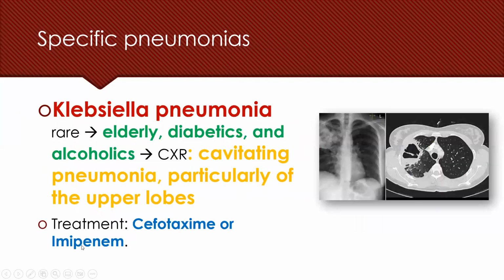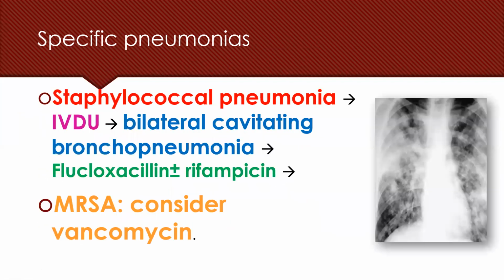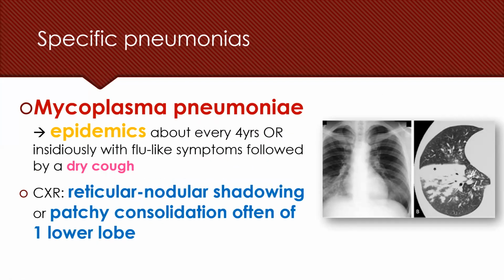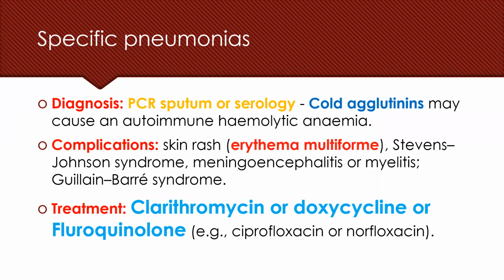I have to remind you here that Klebsiella affects the upper lobe, and usually the lesion in Klebsiella is a cavitating lesion, while here in mycoplasma pneumonia it's a reticulonodular shadowing or a patchy consolidation affecting the lower lobe particularly.